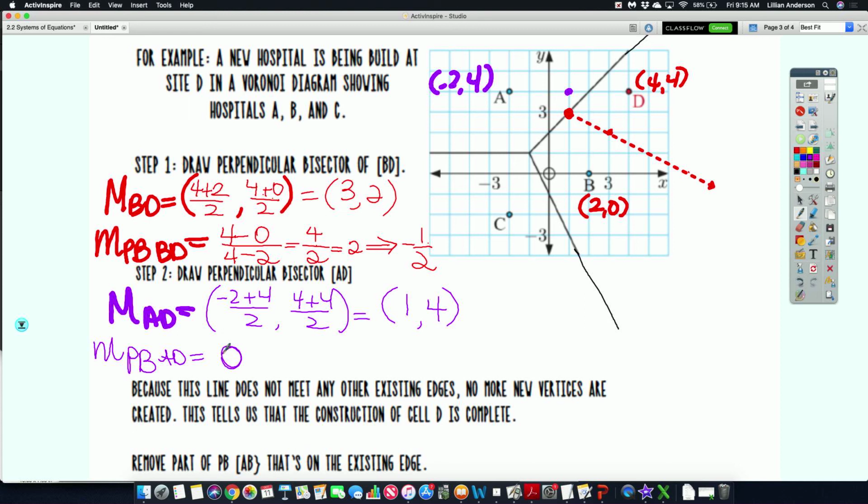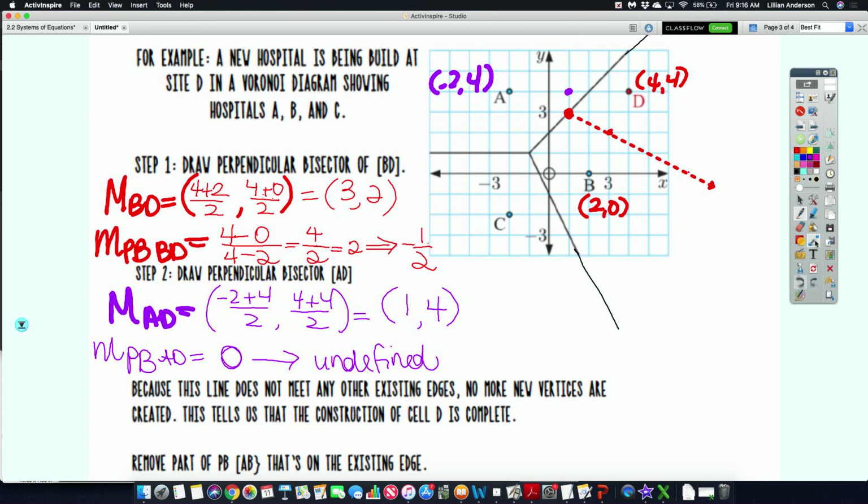So what is the perpendicular slope to a slope that's already 0? It's undefined. So the slope we need is an undefined slope. What do lines look like that have an undefined slope? They're vertical. So through that point, that midpoint, I'm going to draw a vertical line.